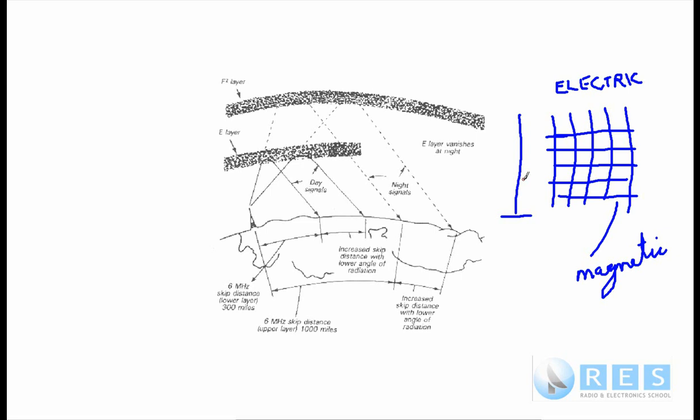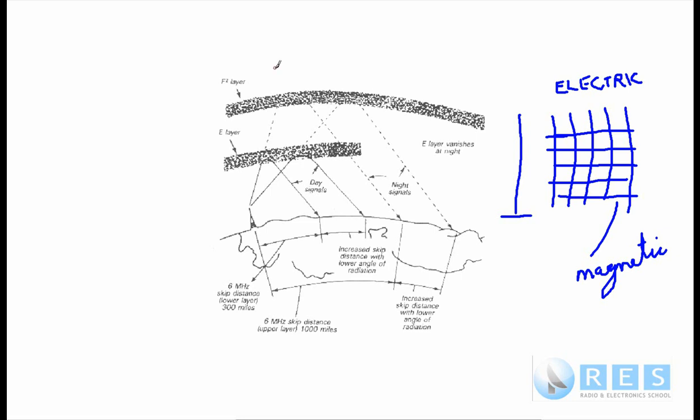So if the electric field in the wave is vertical, irrespective of the type of antenna that wave came from, that is vertical polarization. Likewise, if the electric field is horizontal, that is horizontal polarization. Always refer to the wave and its electric field to determine the polarization, not the antenna.